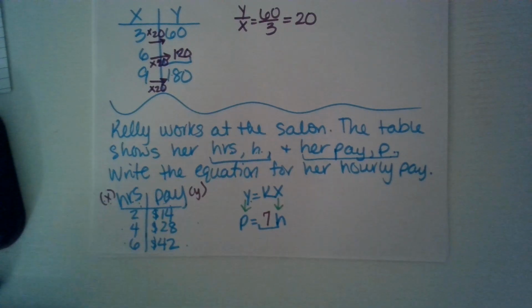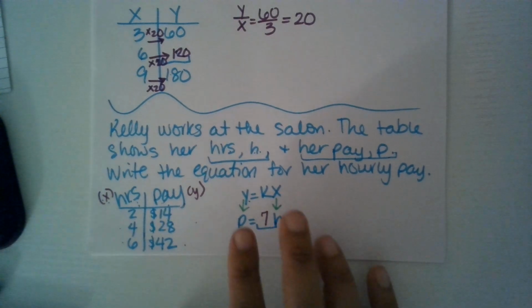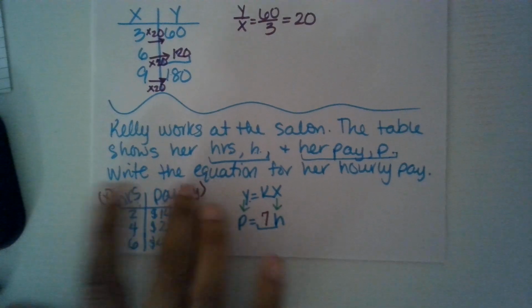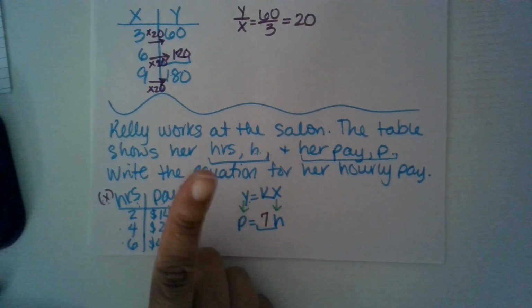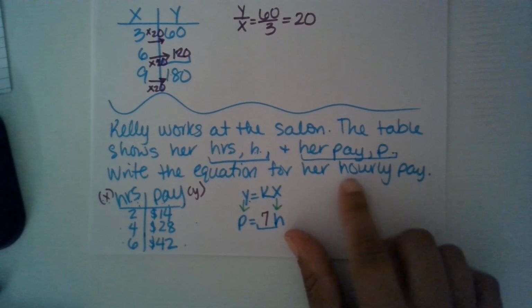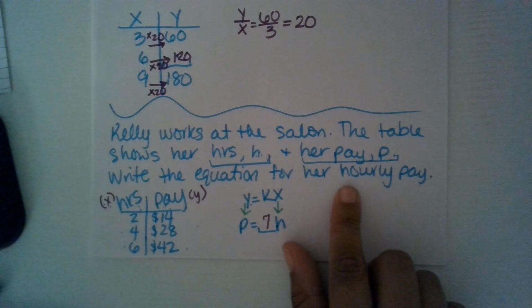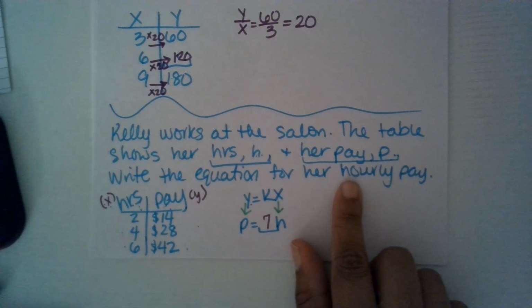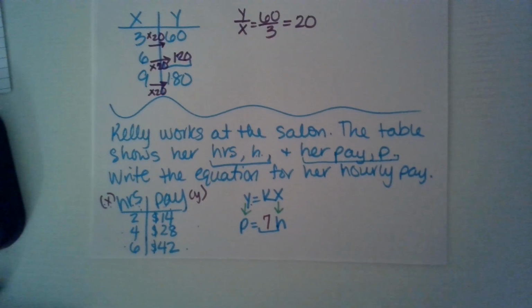Now, I am okay with using X's and Y's, but when you're given multiple choice, some people are confused whether H goes by itself or P goes by itself. Label your table X and Y so you know which one is which. Also, it would make more sense for her hourly pay, meaning how much she's getting paid per 1 hour, rather than how many hours she's getting paid $1.